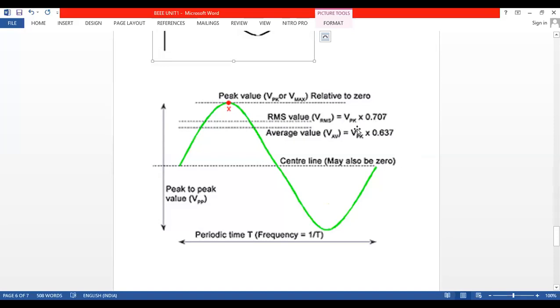Here Vm, you can remember. 0.707 times Im or Vm. Im means maximum current. Next, which current do we have? Average current. Always average current is less than RMS current. So only remember the values.